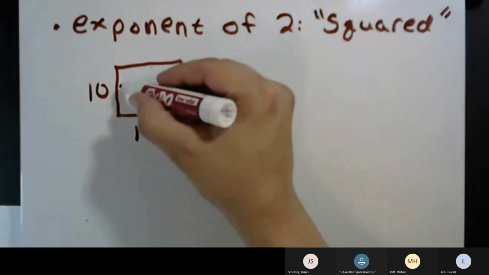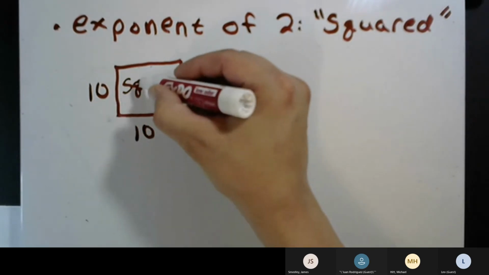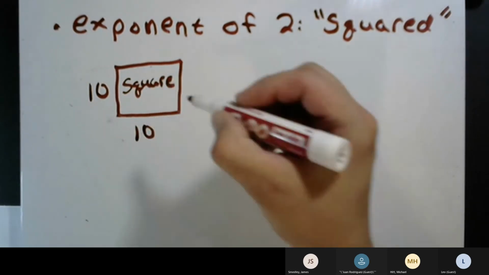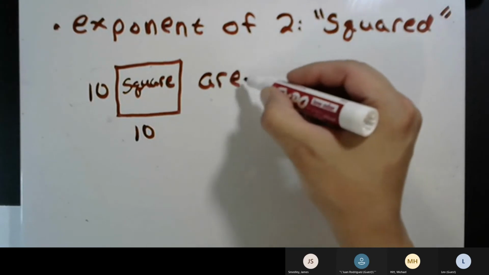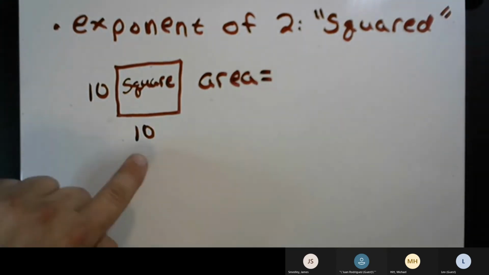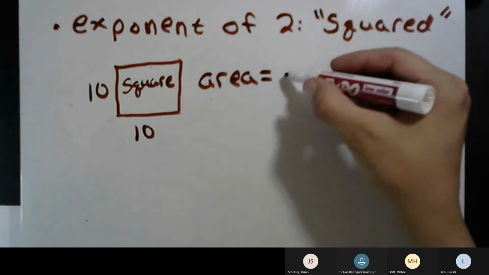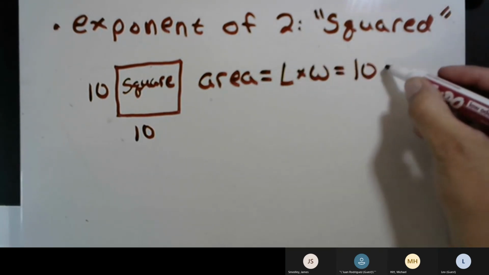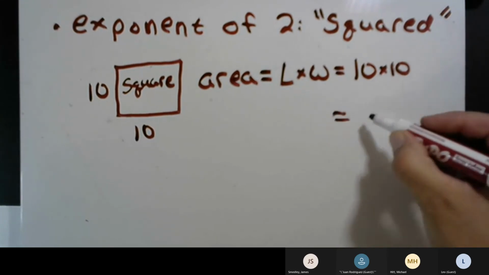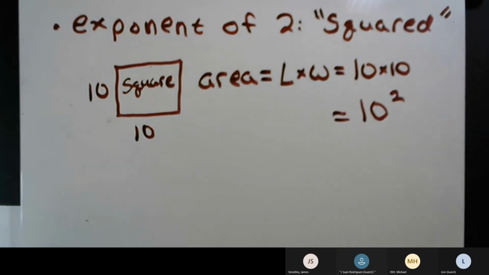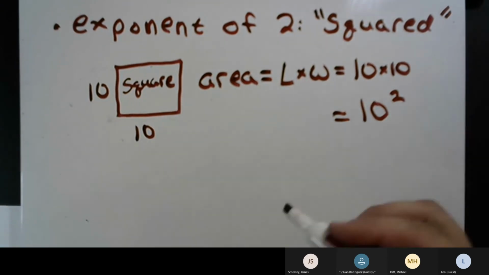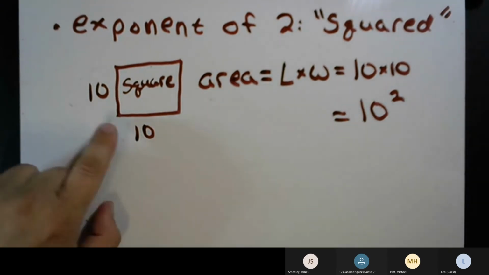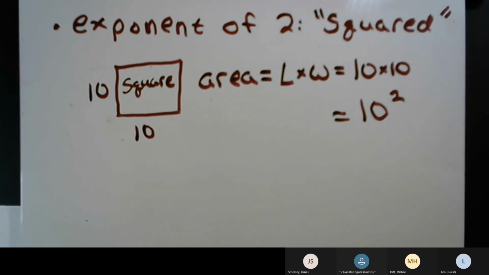So if you want to find the area of this square, well, the area is the side. They say side squared, but you say it's length times width, or 10 times 10, or 10 exponent 2. And so this is kind of the idea where the square comes from, that the 2 refers to the idea of finding the area of a square. So you'll see that from time to time.